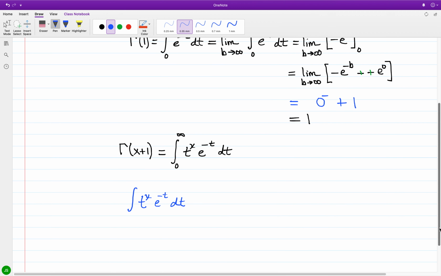So for the general integral, I have t to the x times e to the negative t dt. Taking what we have now, if I set u equal to t to the x, and taking the derivative with respect to t, we have x times t raised to the x minus 1 dt.